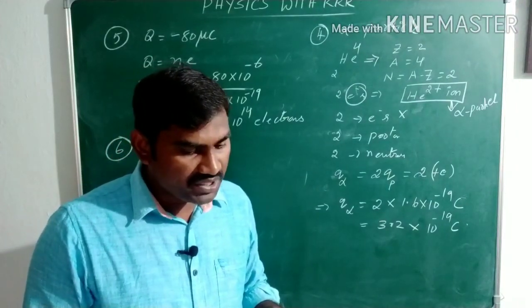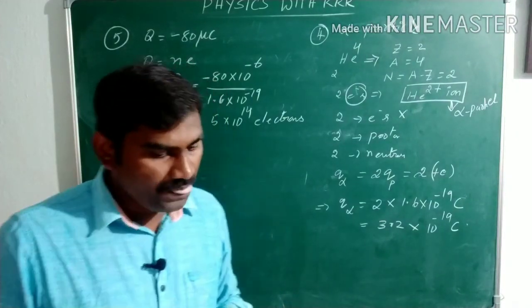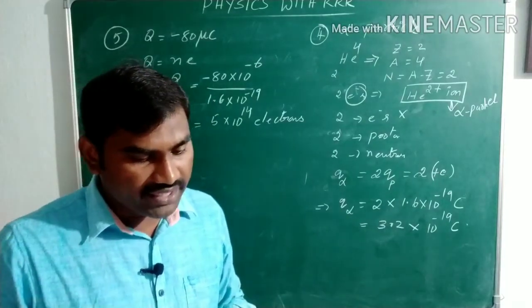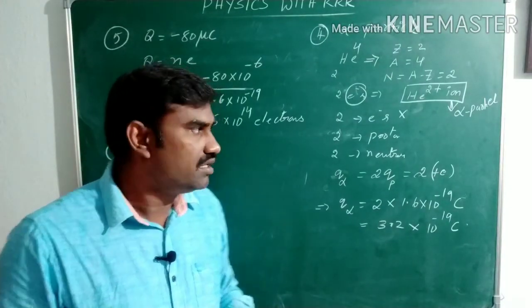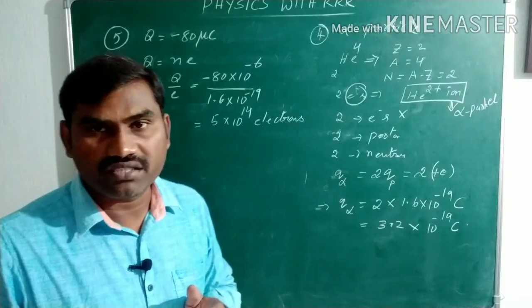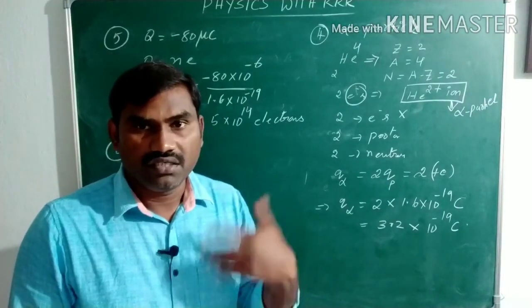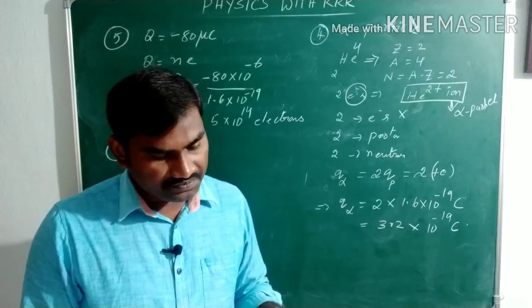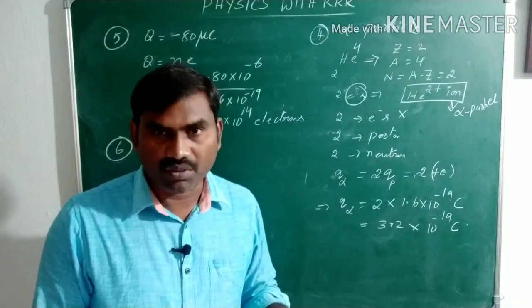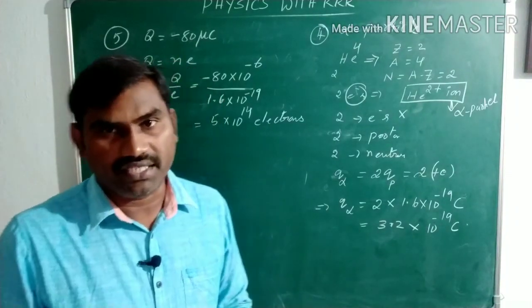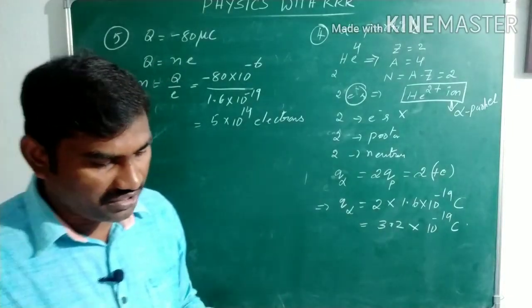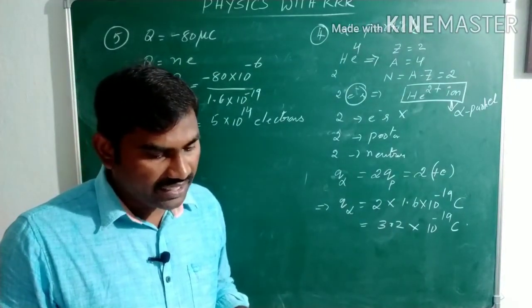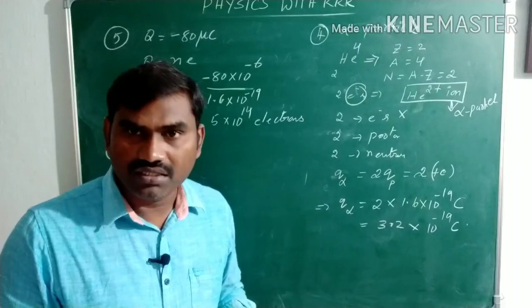Now the atoms in the paper get polarized by the charged comb. When two bodies are rubbed together, electrons are transferred, so the atoms in the paper get polarized. Polarization means getting polarity, one kind of charge. So that is option C.